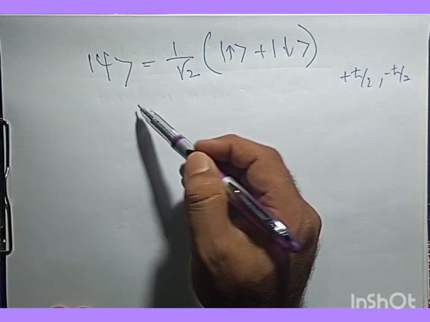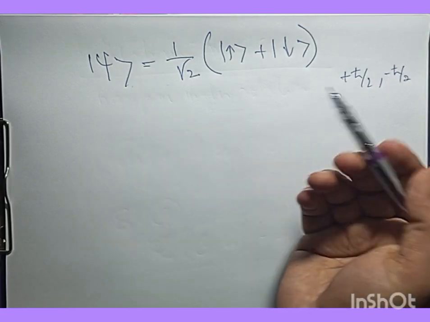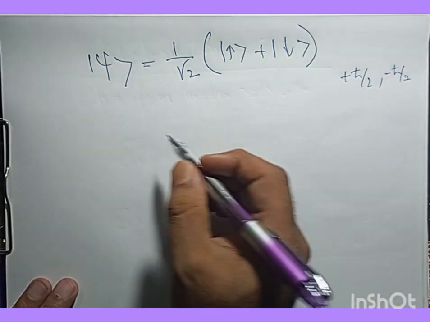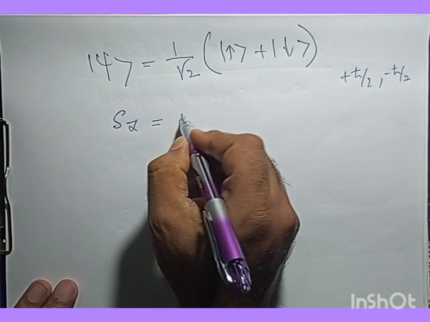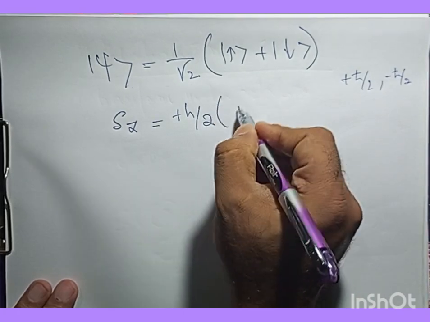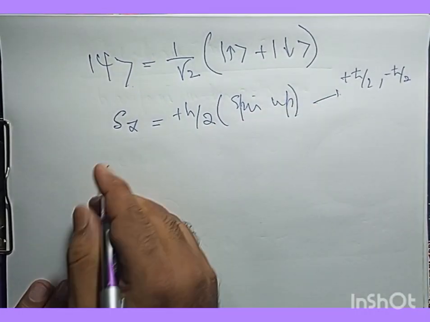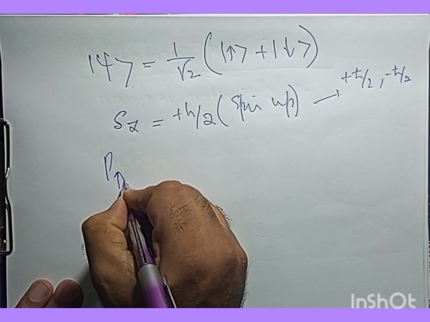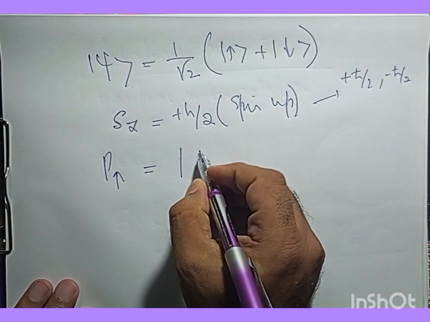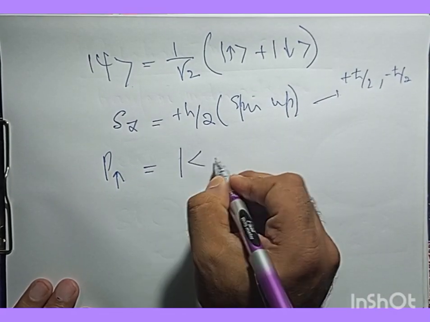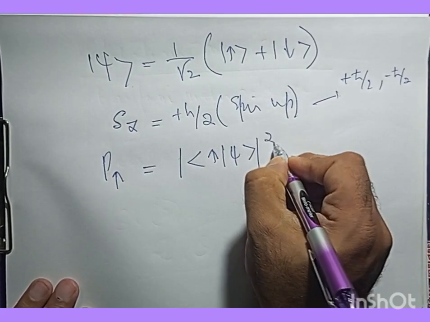Now, to find the probability of each outcome, we calculate the squared magnitude of the projection of state psi onto each eigenstate of Sz. So if I have Sz as plus h bar by 2 for spin up, as described over here, then the probability of having spin up will be the projection of the spin up state on psi, whole square.